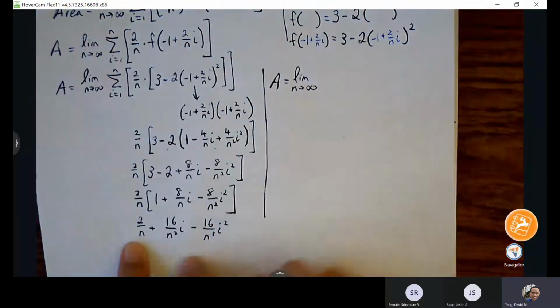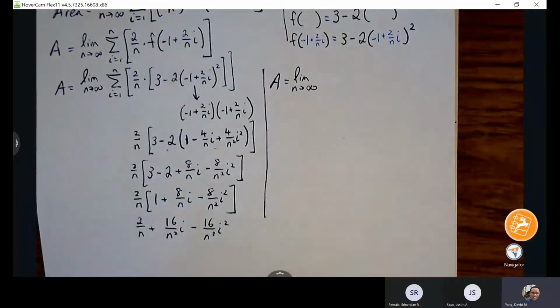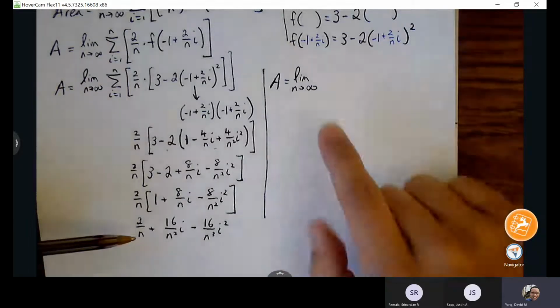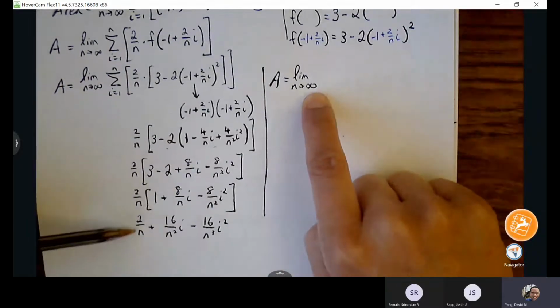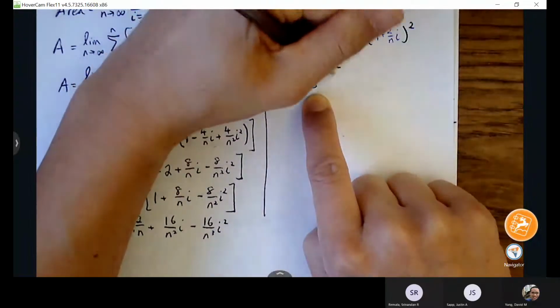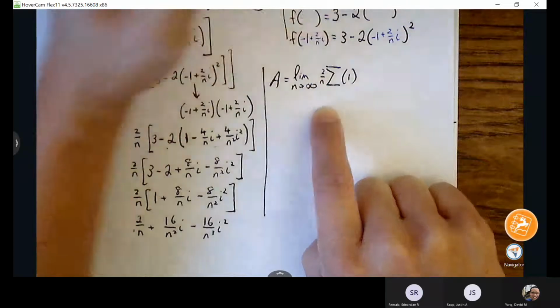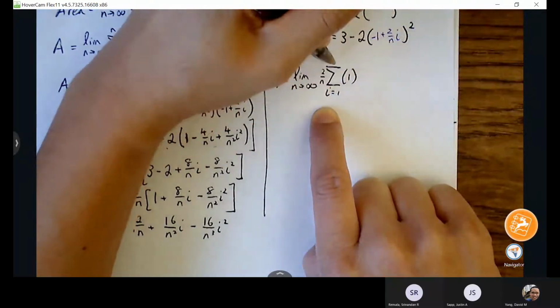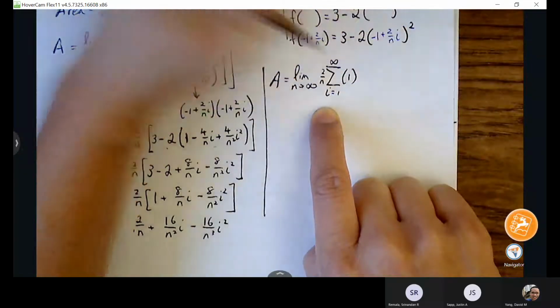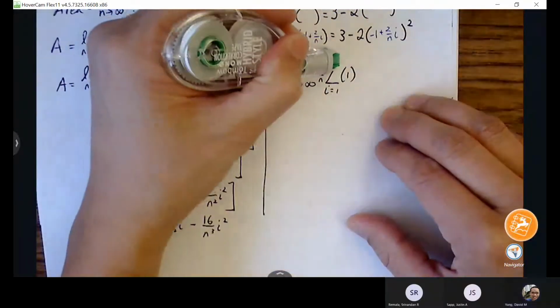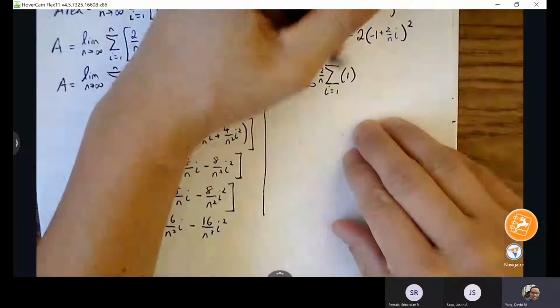As I do that, I'm also going to push out any coefficients that are not part of my summation, or separate each part of my summation formulas here. Oops, n is pushed up to infinity.